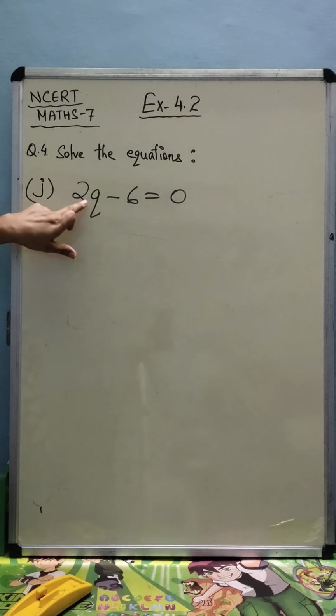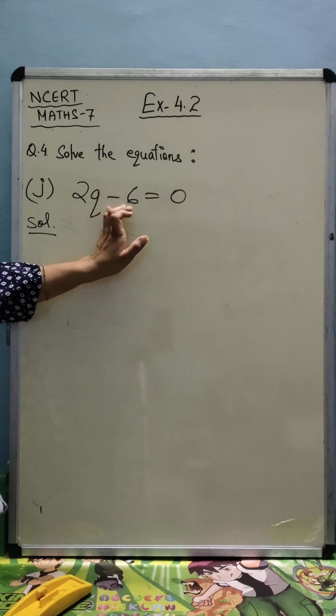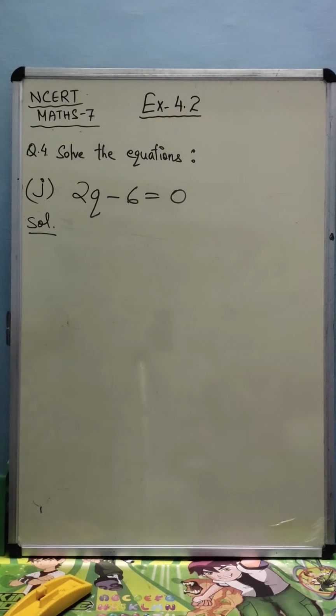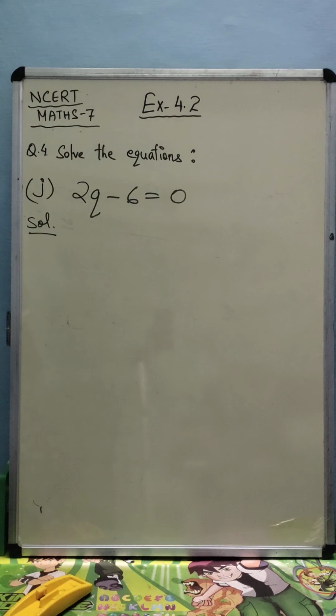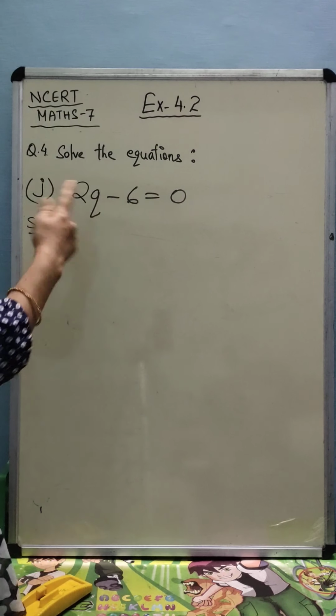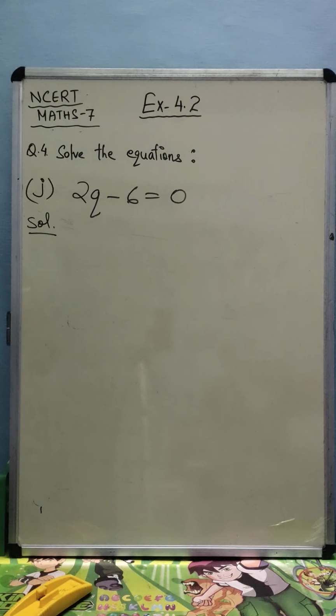So q is connected with 2. First we will remove this number, minus 6. To remove this minus 6, we have to use the opposite operation, which is plus. Minus 6's opposite is plus 6. So we will add 6 on both the sides.